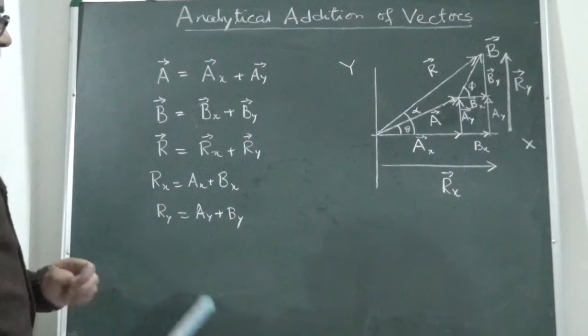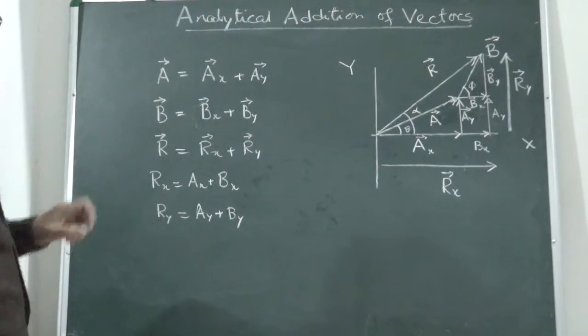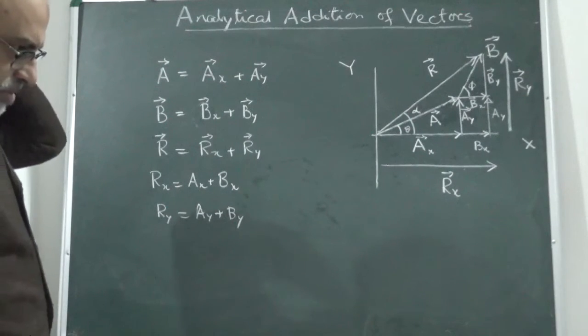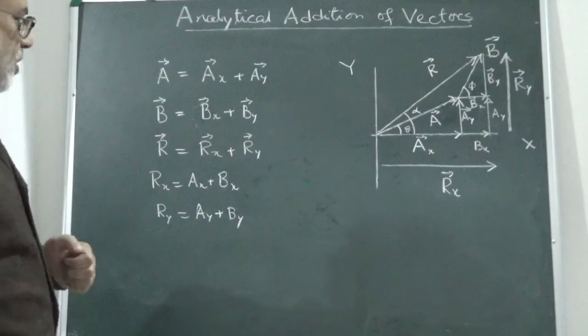Now we also know that the magnitude of the resultant is given by the square root of the sum of the squares of its rectangular components.